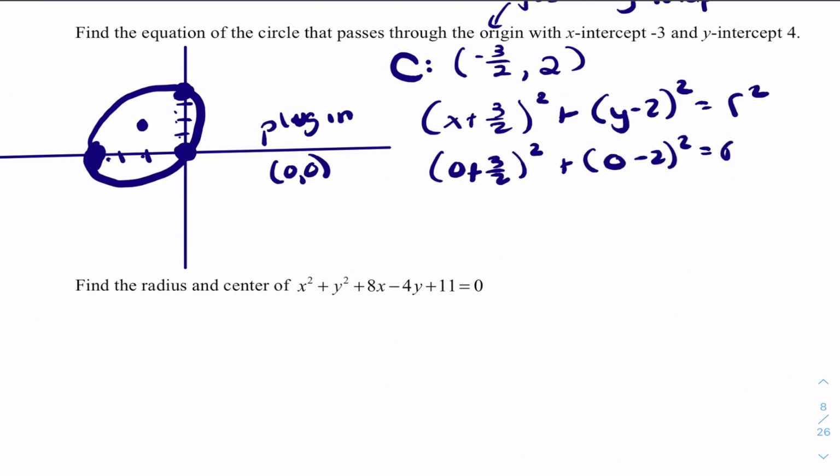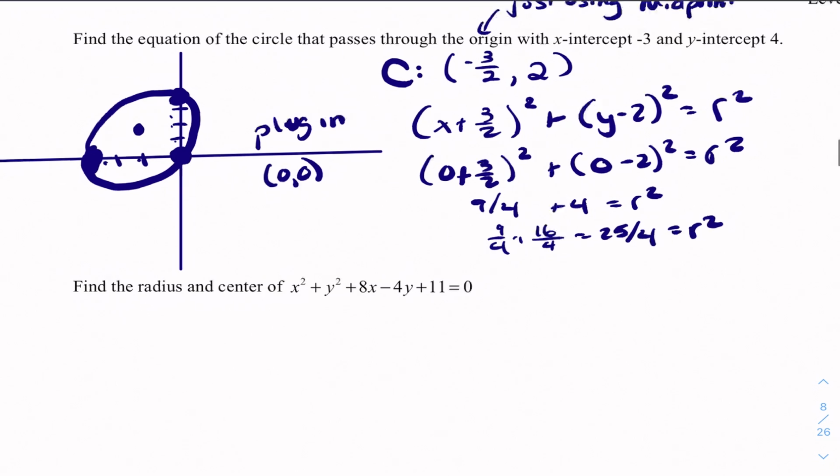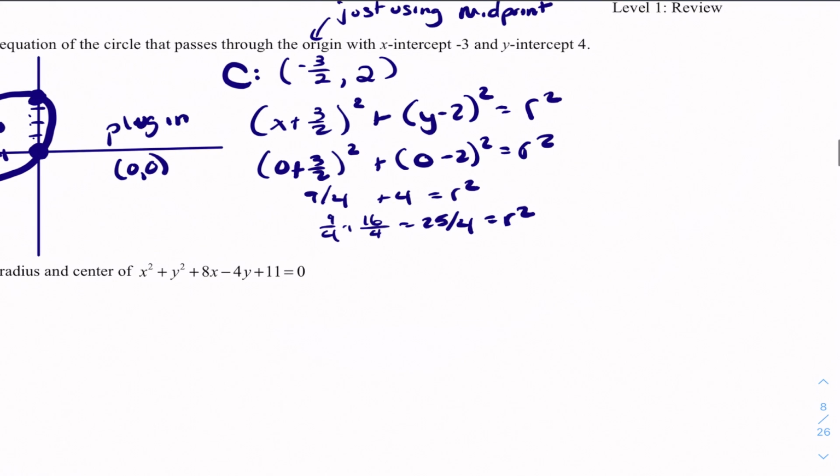So we have 3 halves squared, which is 9/4, plus 4 is equal to r squared. 4 is 16/4, plus 9/4 gives you 25/4 for r squared. So just to wrap this up, the equation of our circle, given this information, is x plus 3/2 squared plus y minus 2 squared equals 25/4.